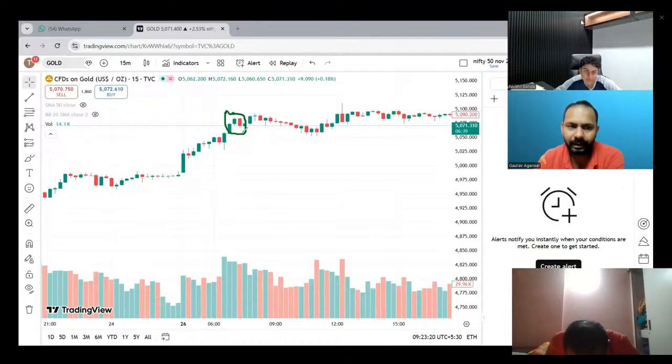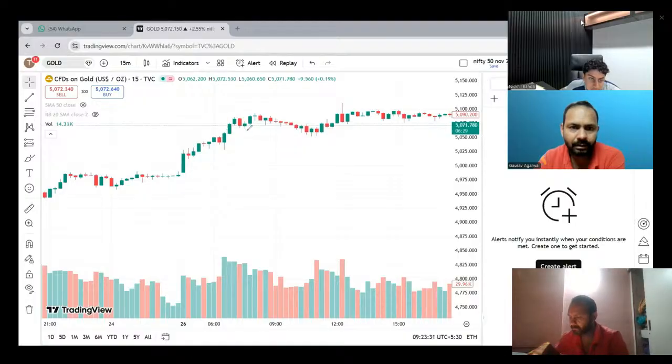It failed to go up. But what about the next candle next to that bearish? It didn't really break below.